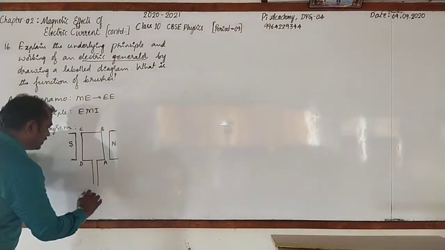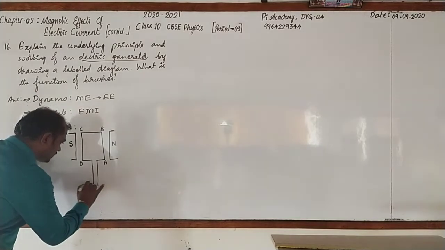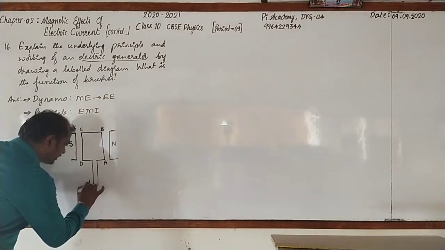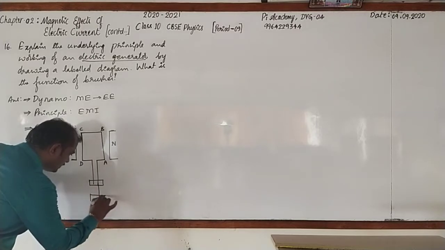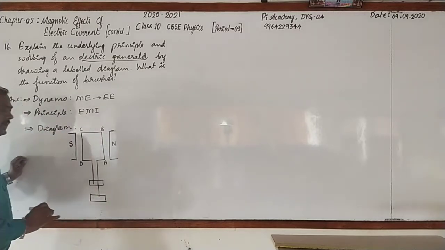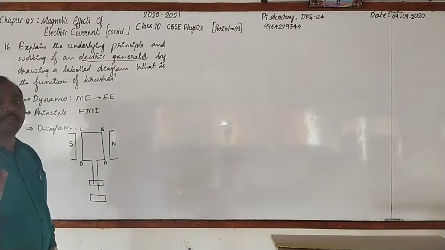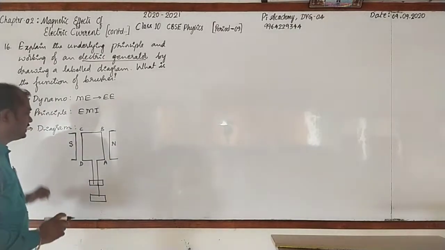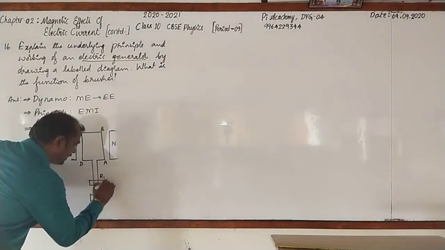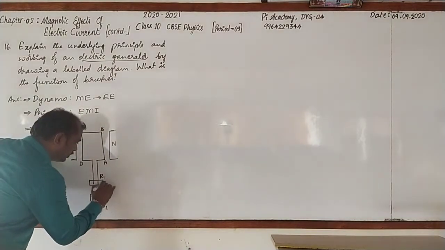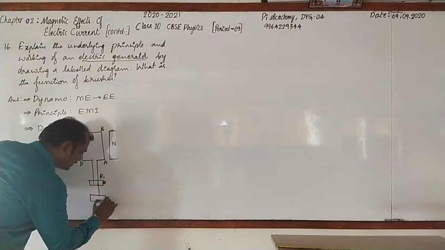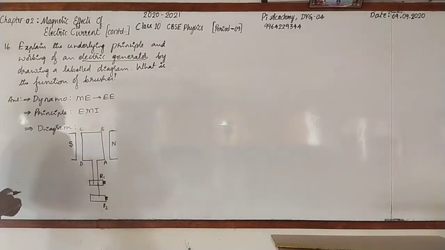Next, here the free ends are connected to two full copper rings. They are also called slip rings. You may name them as R1 and R2, which are in contact with two sliding carbon brushes.